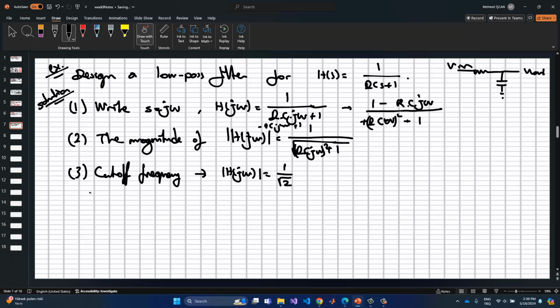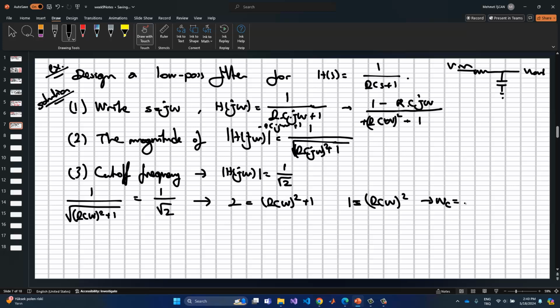Okay, and so 1 divided by the square root of (RCW) square plus 1 is equal to 1 divided by square root 2. Coming from this equation, 2 must be equal to (RCW) square plus 1, or in another term, 1 must be equal to (RCW) square. Okay, and so we can say that WC is equal to 1 divided by R and C.